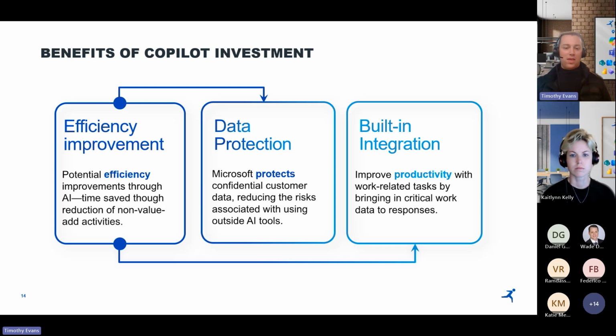And then finally, when we think about future phases of Copilot, this idea of built-in integration. Not only do you have this ability to improve productivity by using Copilot in all of the M365 applications, but, maybe foreshadowing a future webinar, we have the ability to extend Copilot beyond those M365 applications.